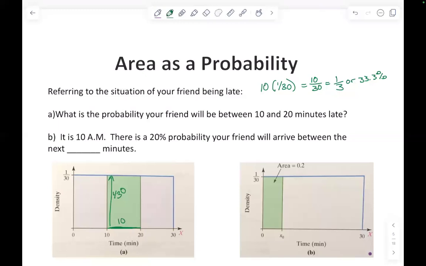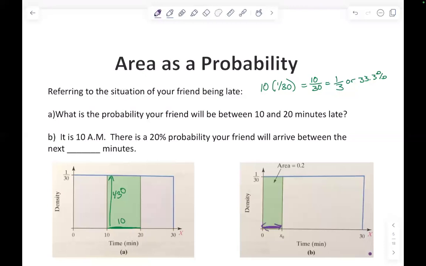This is all going to come together really well pretty soon. So now let's take a look at this one. We know that the probability of him being late is 20%. We don't know how many minutes that is, but we're at 0. So we don't know this distance right here.